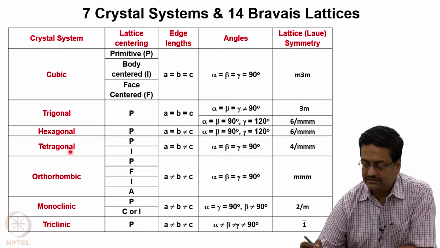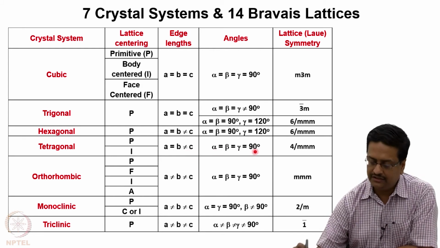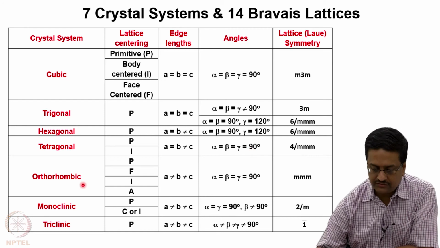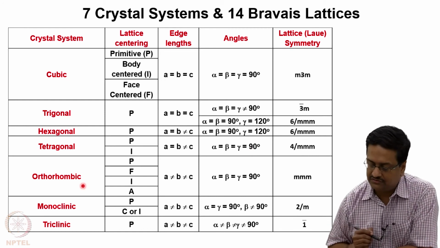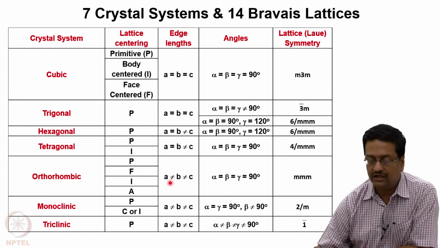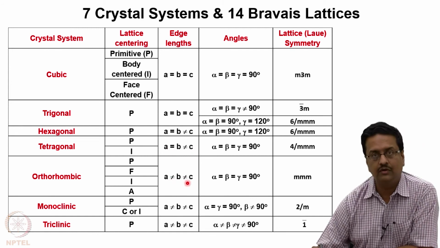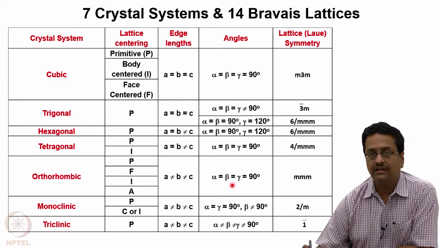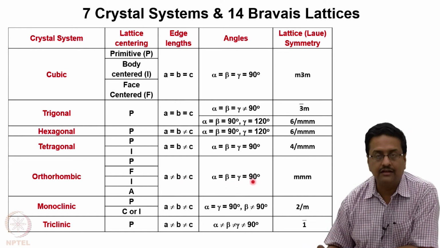The next one is tetragonal, where a equal to b not equal to c, but alpha, beta, gamma are all 90 degree. The next one in symmetry line comes as orthorhombic. Now you see that the similarity of a, b, c is broken. a not equal to b not equal to c, alpha, beta and gamma all are equal and 90 degree.